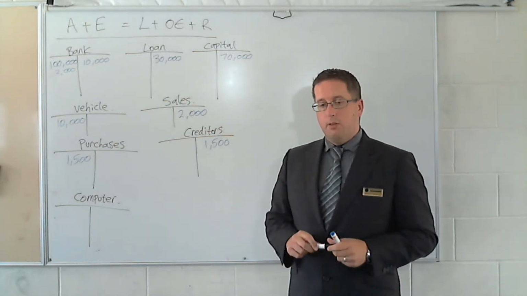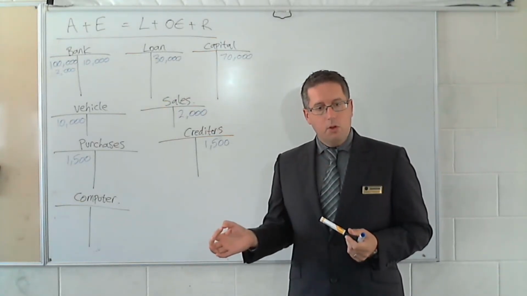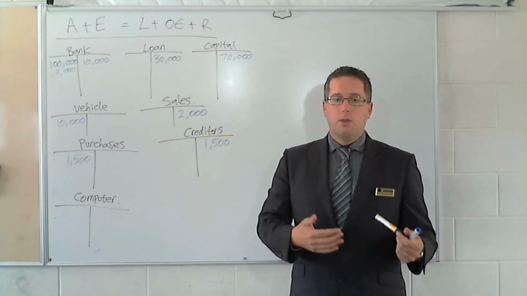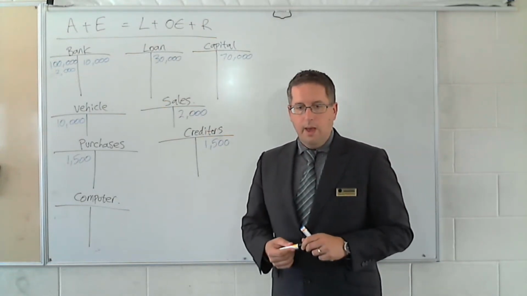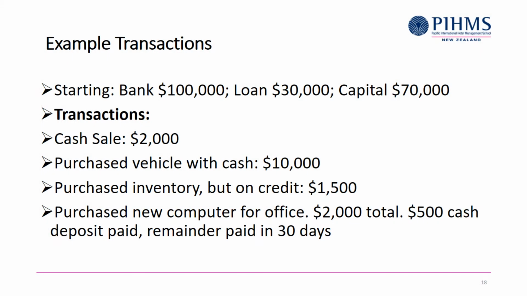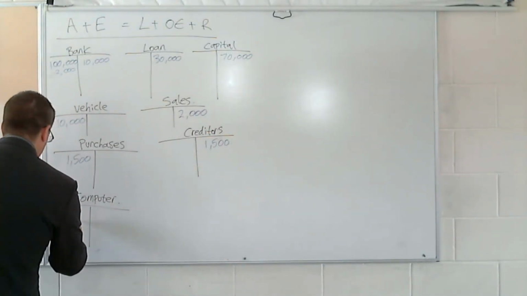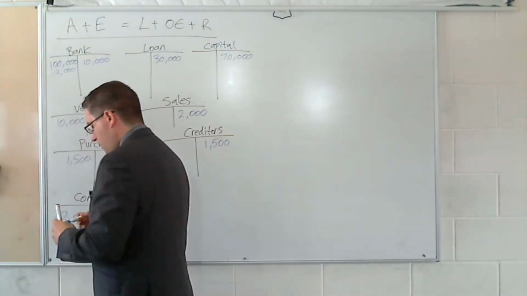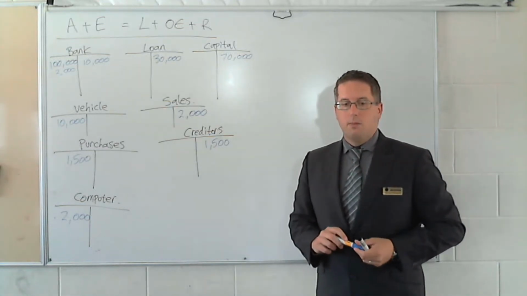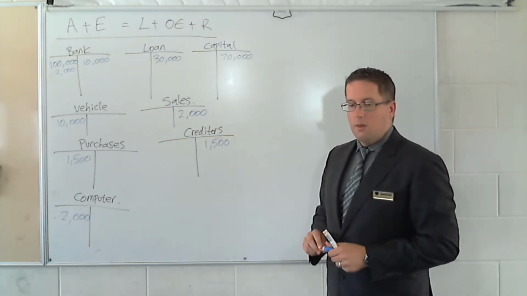Now, what's happening to the balance? Well, yesterday we had no computer, now we do have a computer, so the balance has gone up. How much is the value? Oh, we go and have a look. Purchase a new computer, the total of it was $2,000. So, that is the amount to be recorded on the debit side. $2,000 computer.